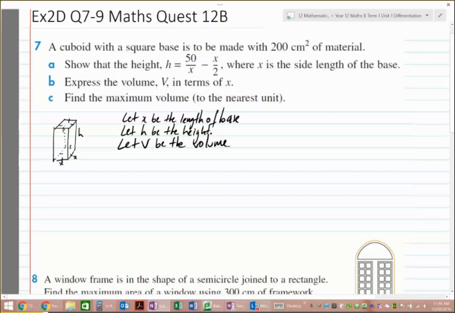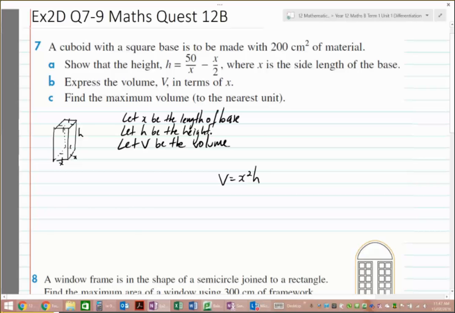Now I'll write my formula for volume. Again, volume is area of base times the height. In this case, the area of my base, the area of a square with side length x, is x squared. So V equals x squared h.